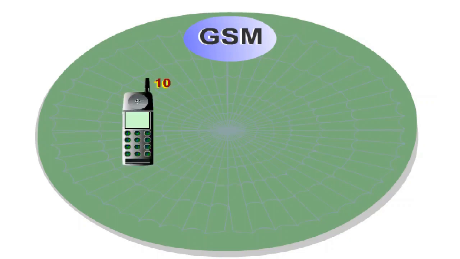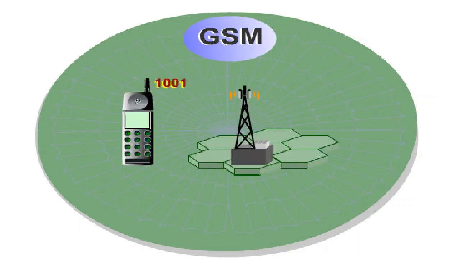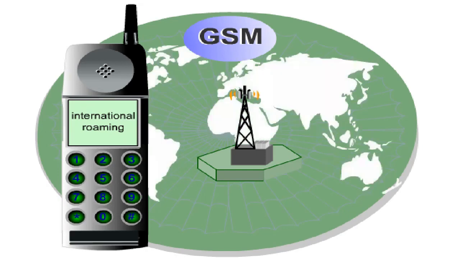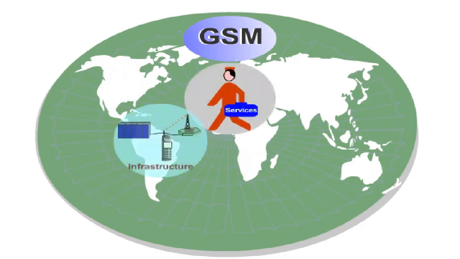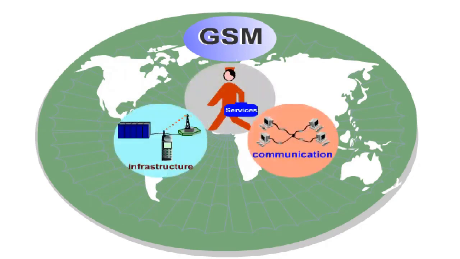Today, GSM is the first digital cellular mobile communication system to enable international roaming and ISDN service characteristics. GSM is an open standard for services, infrastructure and communication, independent of the individual countries, network operators and producers, and flexible to the requirements of the individual user.